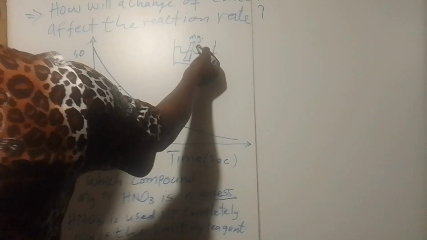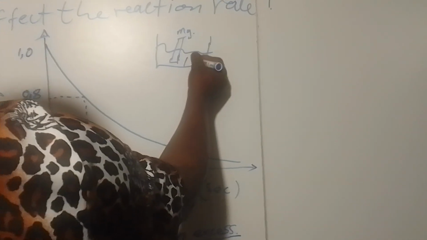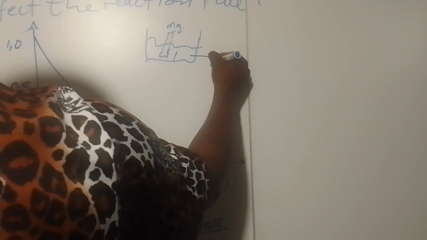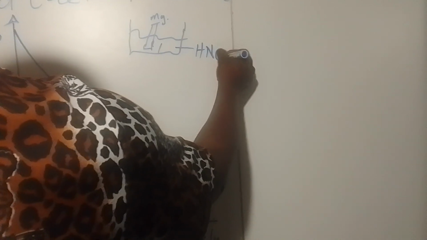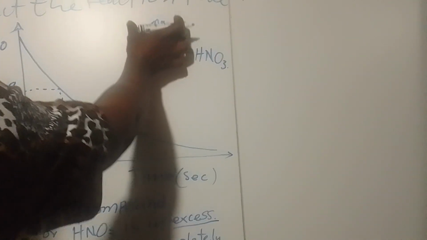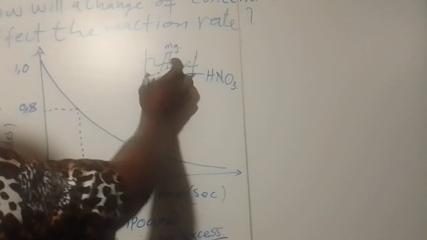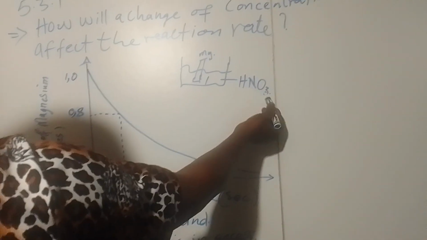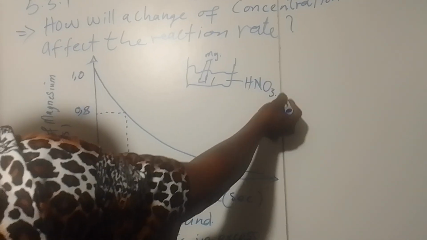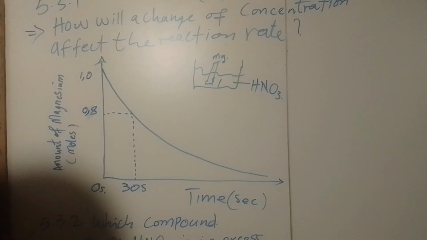After some time, this is going to react completely with the HNO3, so it is going to be used up completely. It is disappearing inside this liquid. Then this is in excess. This is a limiting reagent.